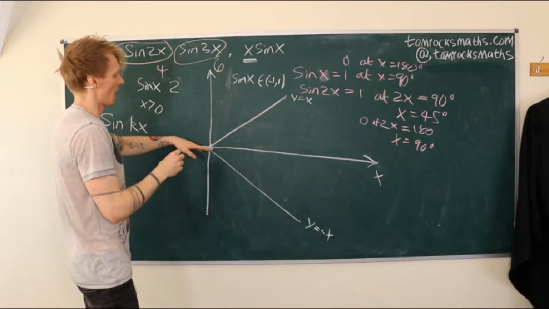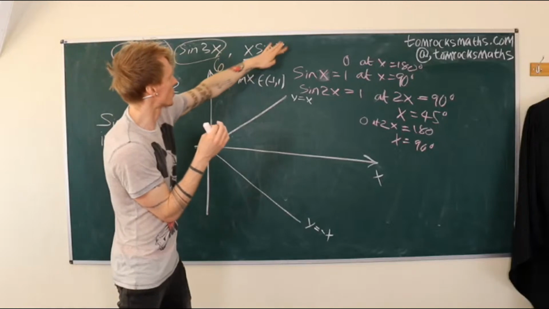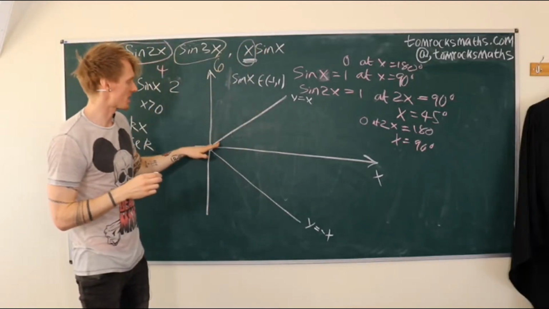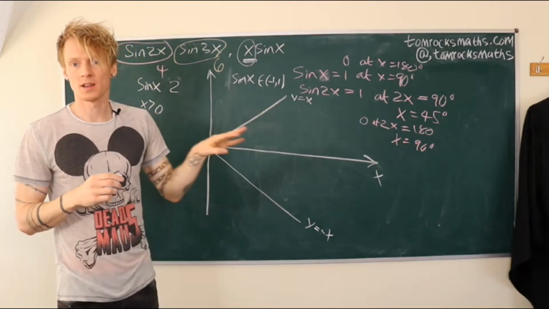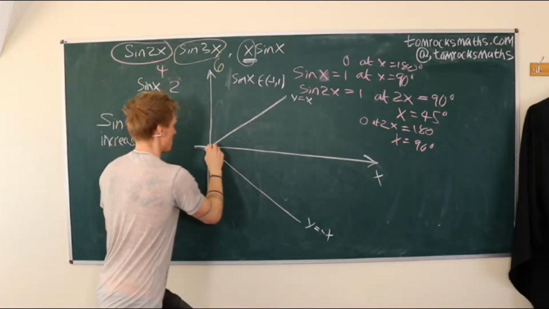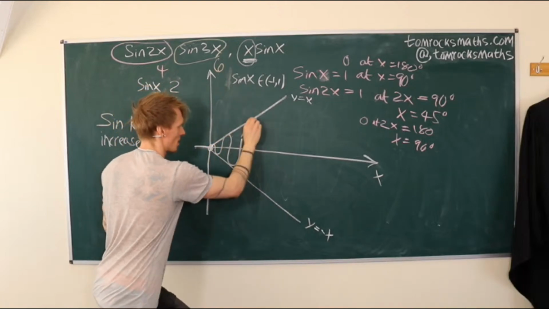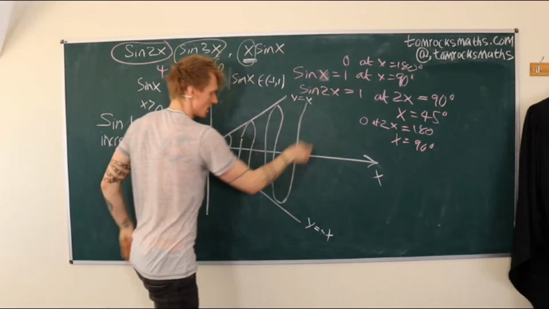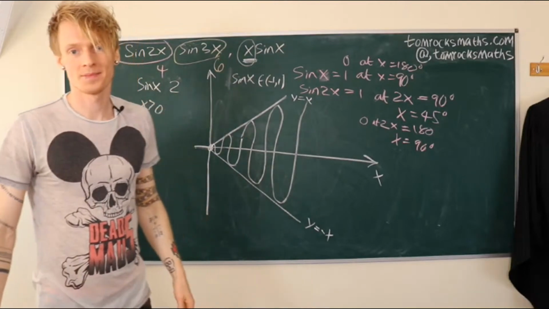And so as it oscillates, the actual size of the whole function is determined by x. So these lines are actually the boundary of your sine function. For small x, it's small, and then you're going to get your oscillations like this, where they go between the y equals x and -x lines.